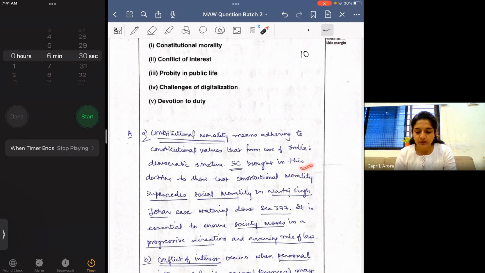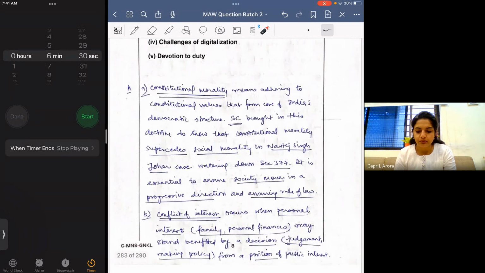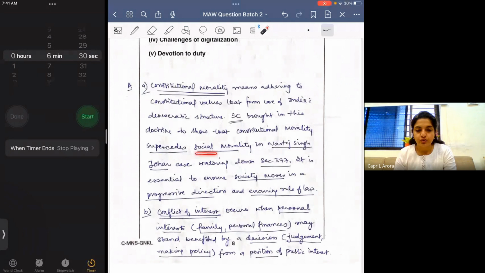The court brought in this doctrine to show that constitutional morality supersedes social morality. Navtej Singh Johar case, watering down Section 377. It is essential to ensure society moves in a progressive direction and to ensure rule of law. Correct? It gives one example, and also gives why it has to be put in.